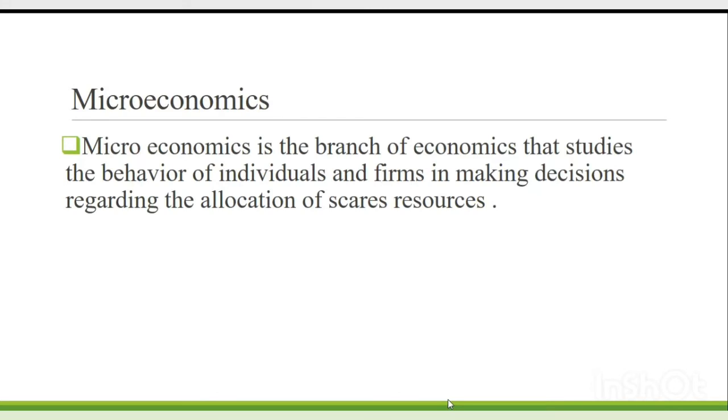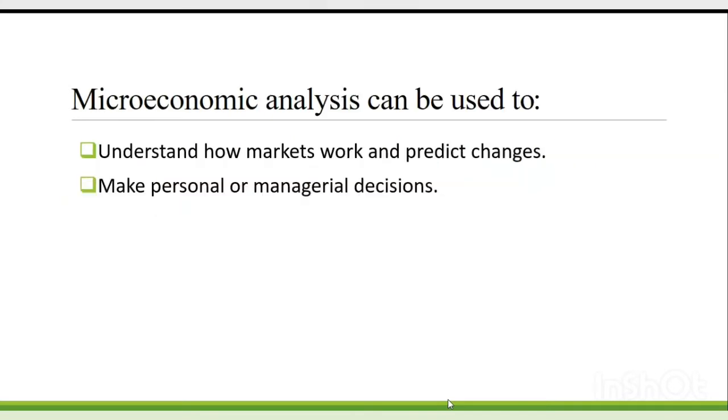As I mentioned earlier, in microeconomics we do not study the whole system; rather, we study a single part of the whole system. Like we take one single firm, one household, or one producer, and we study the decisions made by a single individual producer or a consumer.